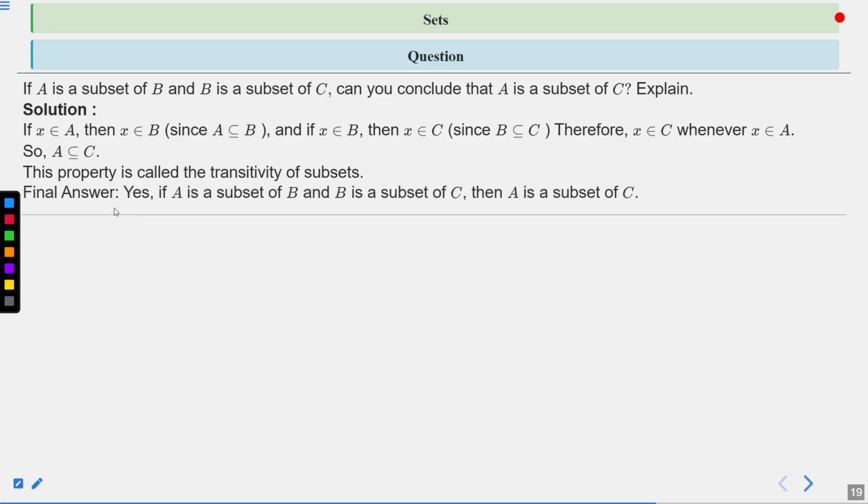So, the final answer is simply yes. If A is a subset of B and B is a subset of C, then A is a subset of C.